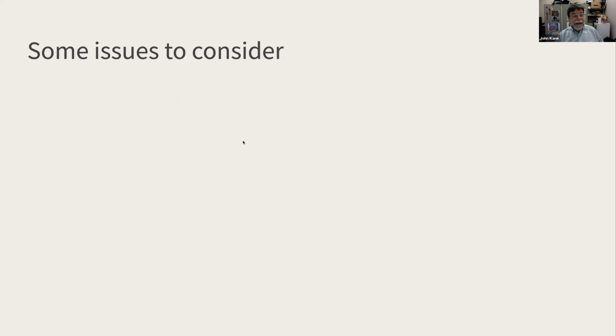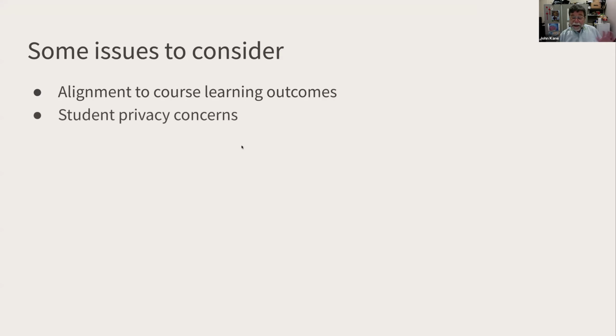There's that active learning involvement that we've already mentioned. But there are a few qualifications we should make right at the beginning. If you're going to do an open pedagogy project, it shouldn't be just for the sake of doing it. It should be very closely related to your course learning outcomes. One issue you have to consider is how to address student privacy concerns.